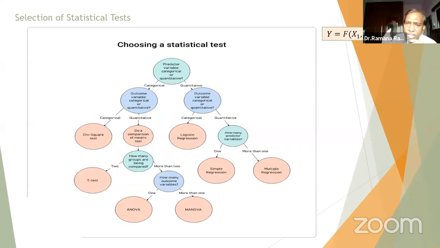This structured approach for finalizing a statistical test is mandatory in every problem solving. If we do not do that, you will select a wrong test, which will give an inadvertent result, and that result may derail our research.